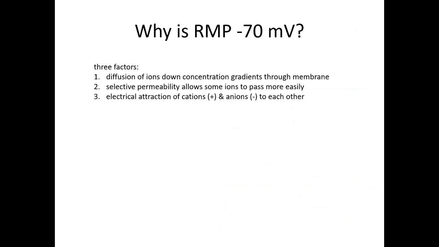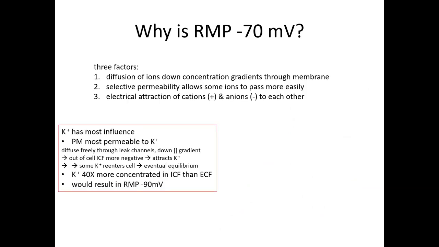I want to talk specifically about sodium and potassium and how they affect this resting membrane potential. Potassium has the biggest influence because the plasma membrane is most permeable to potassium. Not only can it get through when those channels are widely open, but as we talked about before, potassium channels tend to be leaky.